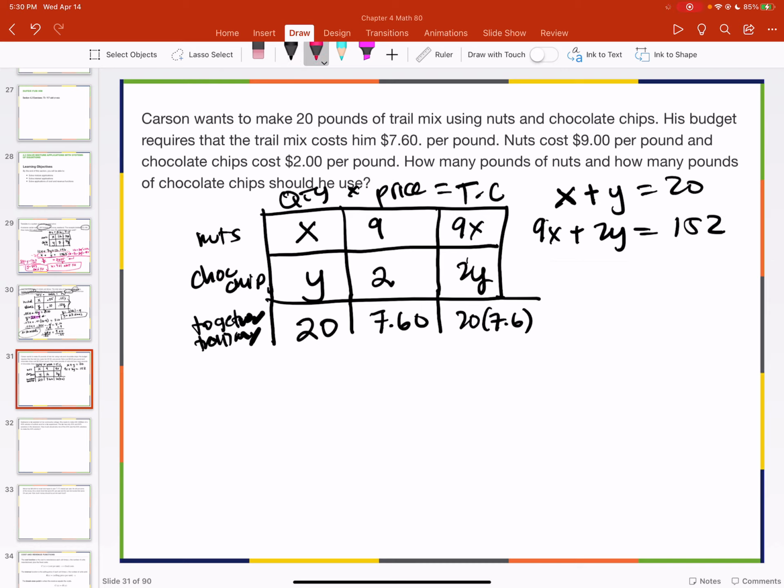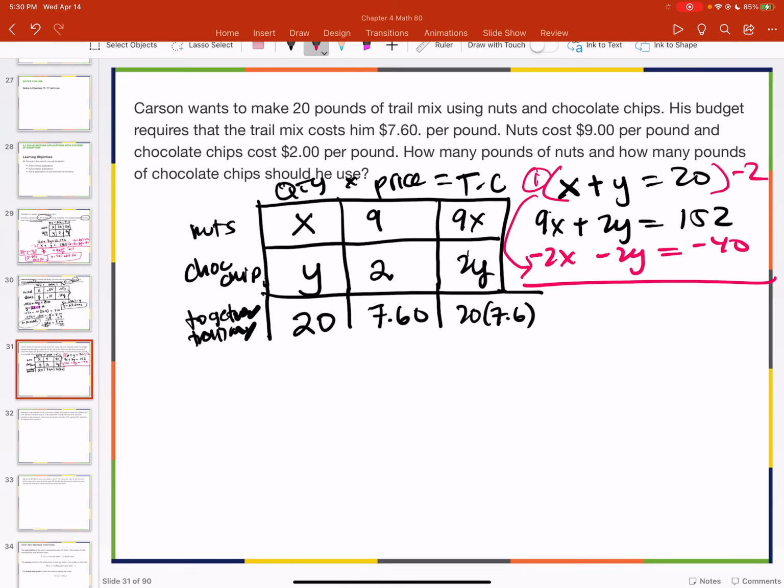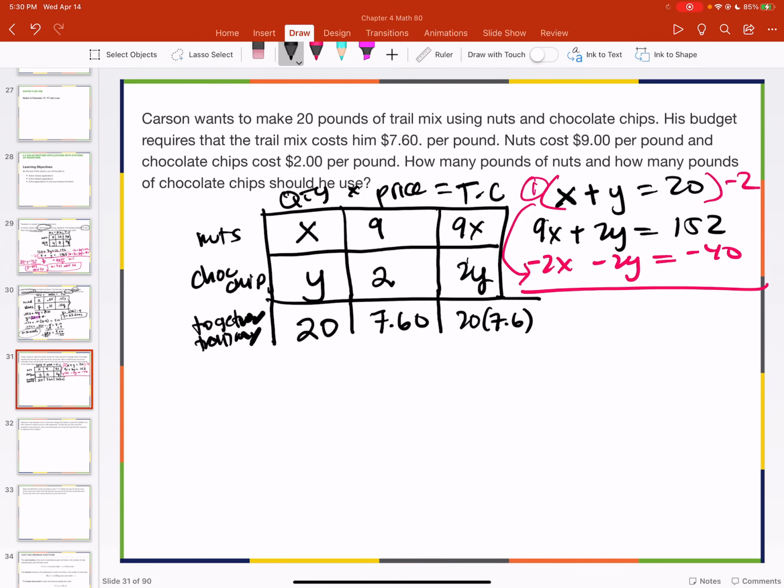So if I take this first equation and multiply all of it by -2, I'm going to get -2x minus 2y is equal to -40. Let's combine these two, and what do we get? These will cancel out. We get 7x is equal to 152 minus 40, which is 112.